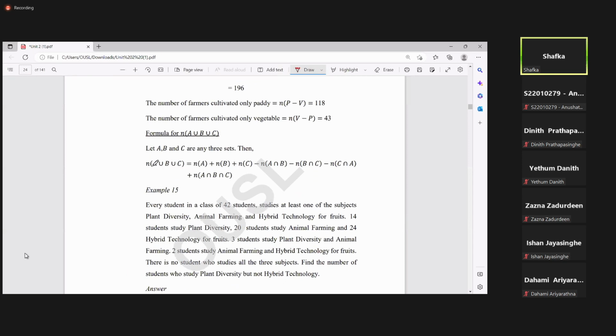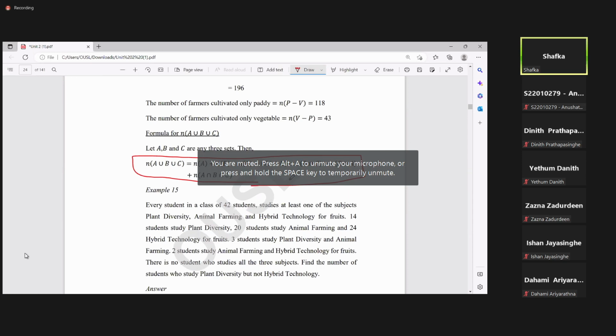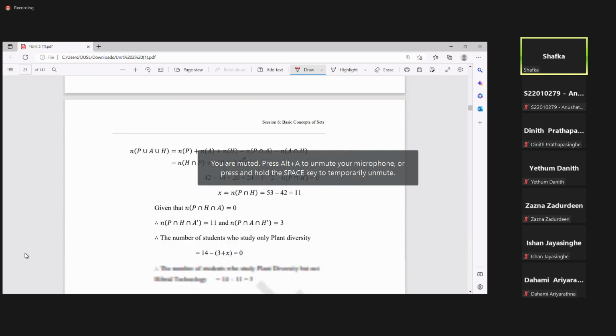The number of elements in A union B union C is equal to the number of elements in A plus the number of elements in B plus the number of elements in C minus the number of elements in A intersection B minus the number of elements in B intersection C minus the number of elements in C intersection A plus the number of elements in A intersection B intersection C. This is the formula for 3 sets. Okay. So please work out these questions.